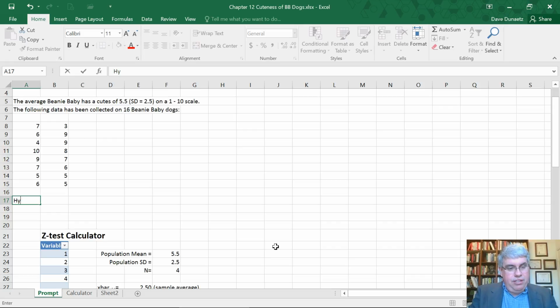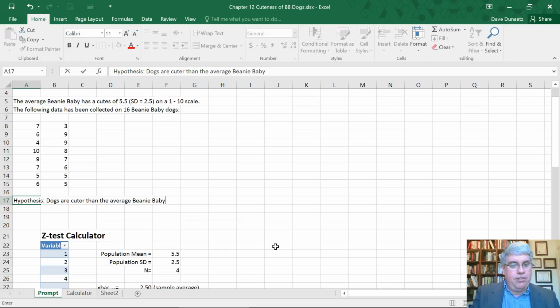Our hypothesis is that dogs are cuter than the average Beanie Baby. And since we're saying that they're cuter, not just that their cuteness differs, this is a directional or a one-tailed hypothesis.